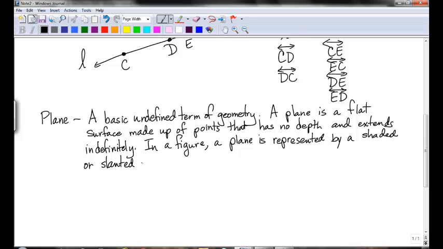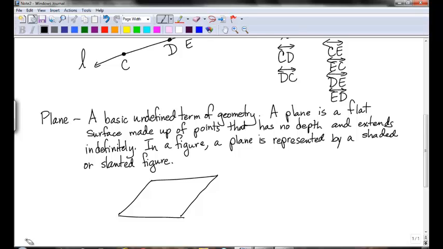Okay, they might draw a plane like this. It would represent a plane. You might think of a plane as a sheet of paper. This would be considered a plane.